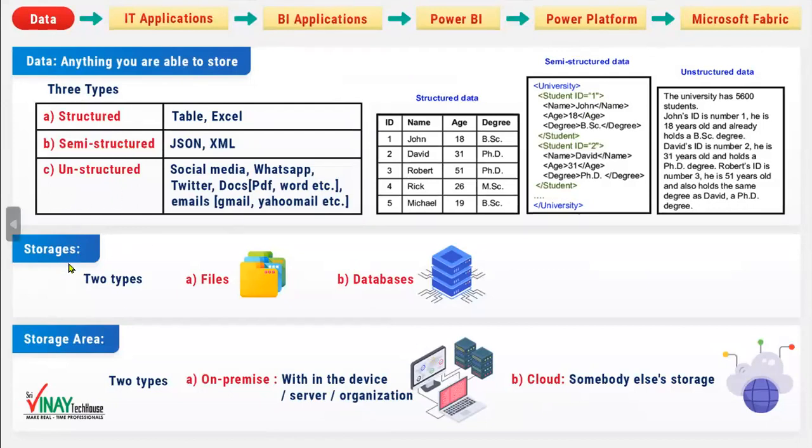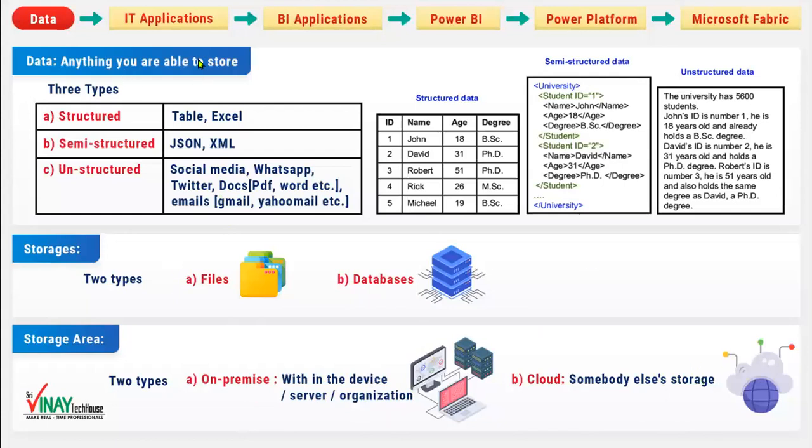And we have 2 formats: file format and database format. We have 2 types of storage: on-premises storage and cloud storage. On-premises is storage within your organization or within your device. Cloud storage is somebody else's storage. So 3 types of data, 2 formats of data, 2 types of storage of data.